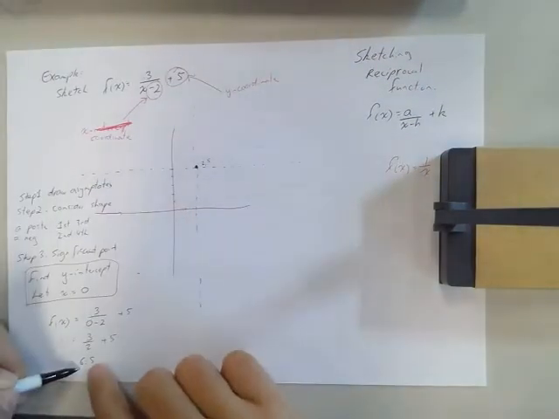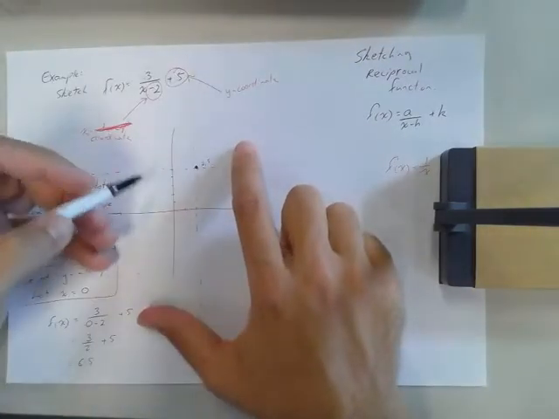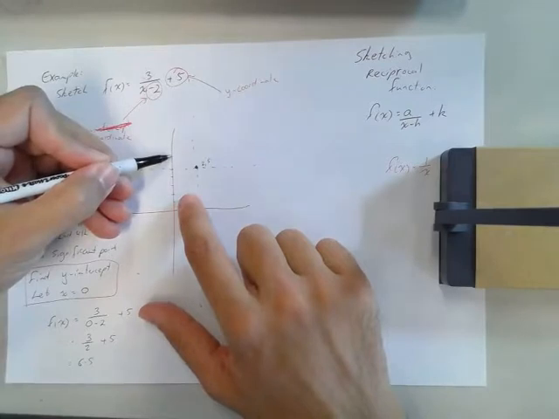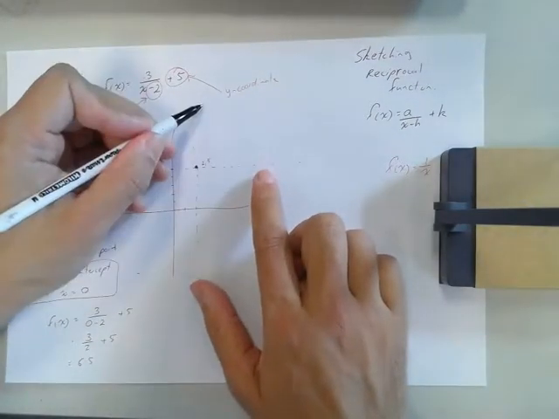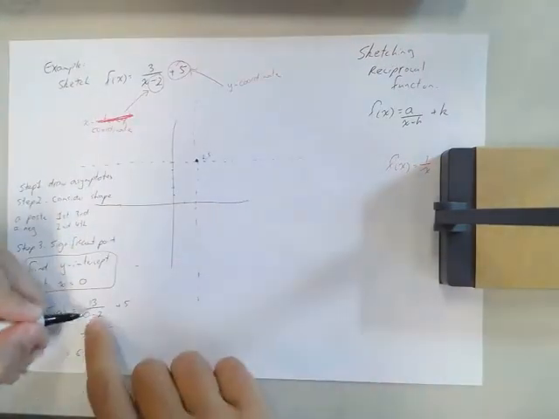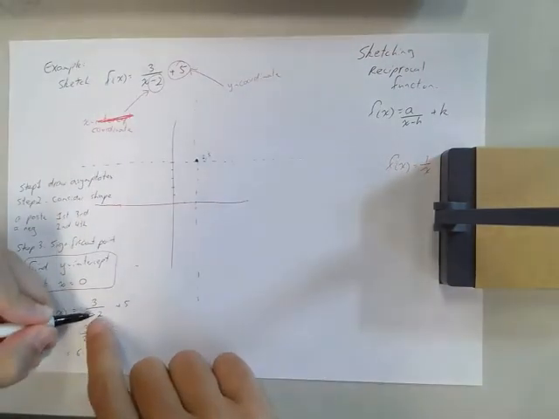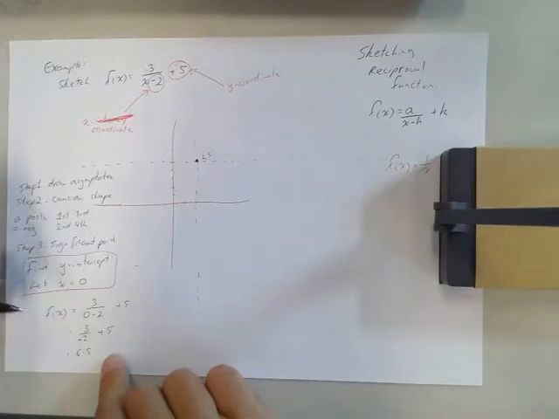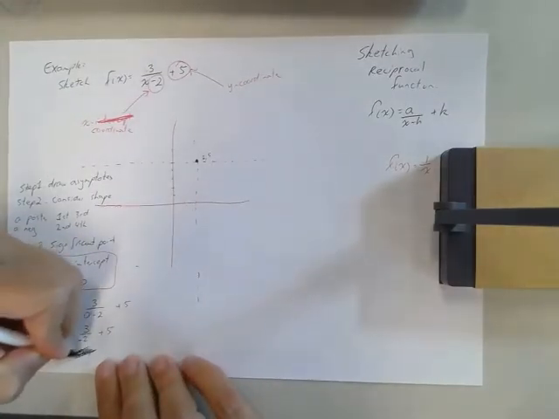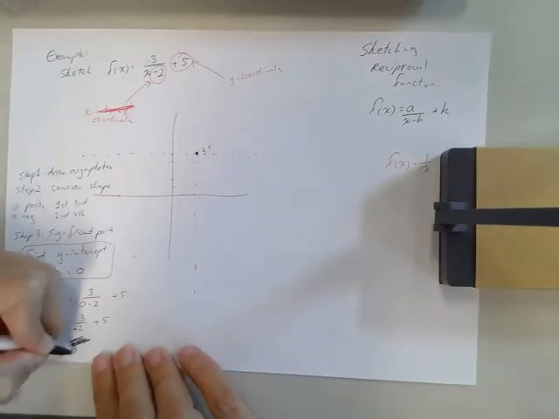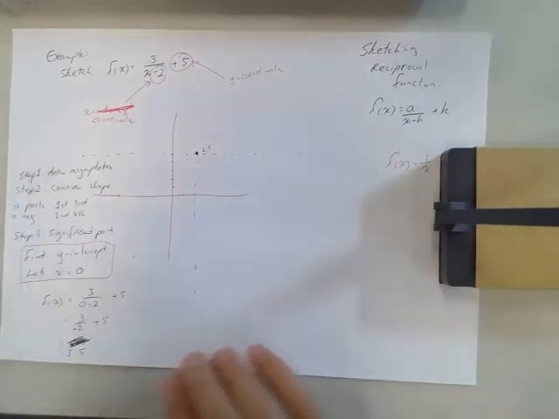So I found a y-intercept of 6.5, then I looked back at it, and 6.5 is up here, but I already knew that the general shape is in here. So I must have stuffed something up. What did I stuff up? 3 on 0 minus 2. Okay, so that's 3 on negative 2 plus 5. It's not 6.5, it's 3.5. You can just type that into your calculator.